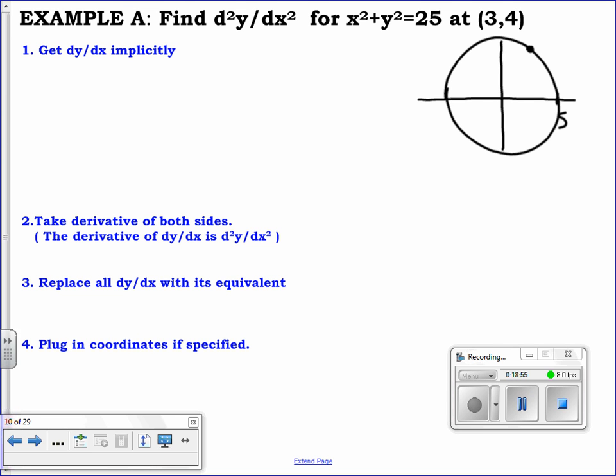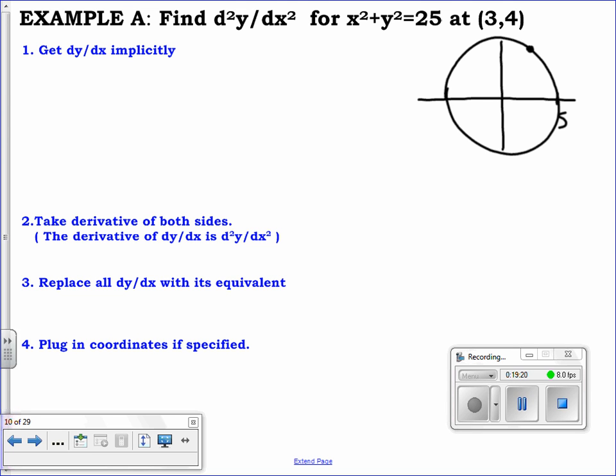It is. Right? What about the first derivative? Do you think it's positive or negative at that point, and why? Yep, because it's got a negative slope. It's decreasing. So both the first and the second derivative should be negative values at that point. Well, we'll see. So let's get the first derivative of x squared plus y squared equals 25.